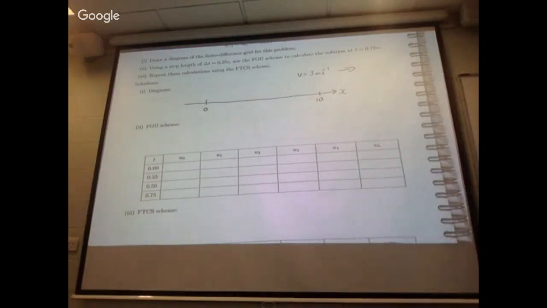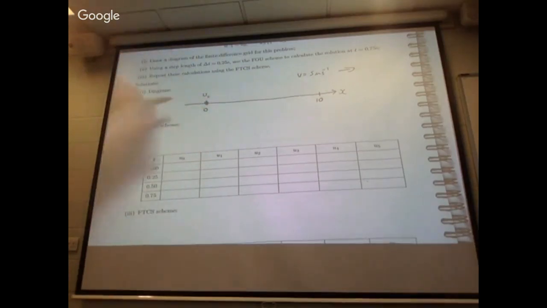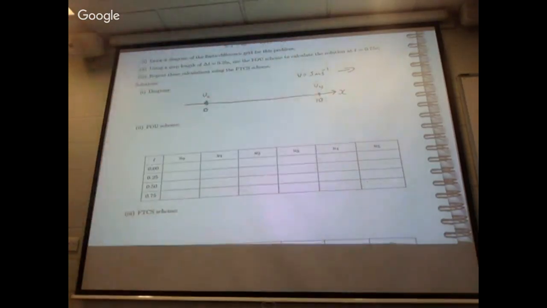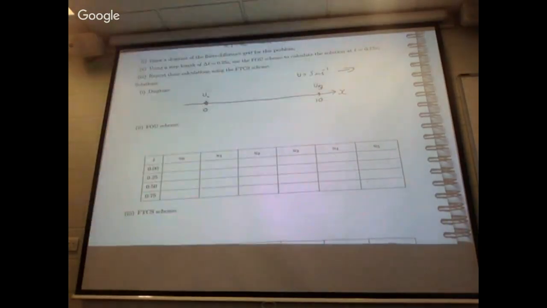We're going to discretize that. So we're going to have a node at the left-hand boundary, that's our U0. We have a node at the right-hand boundary, that's our UN. In this case, it said use 6 nodes, so that's going to be U5. Okay, so we're going to have 0, 1, 2, 3, 4, 5. That gives us 6 nodes.